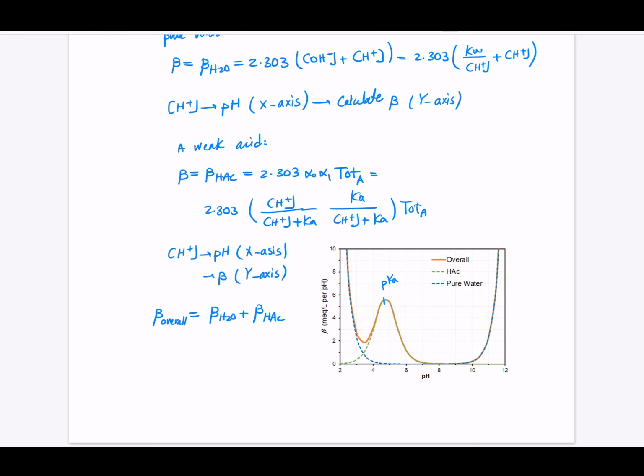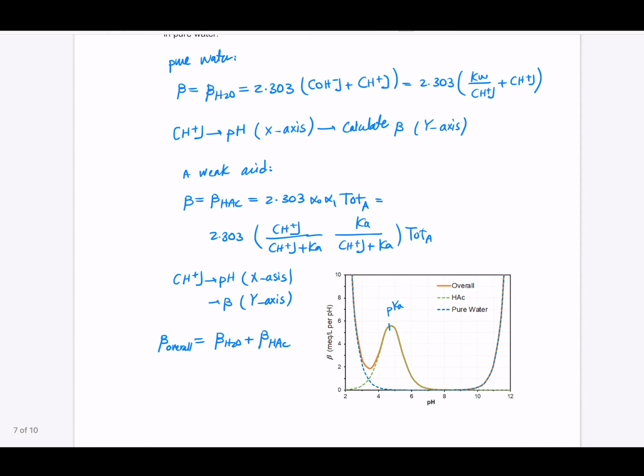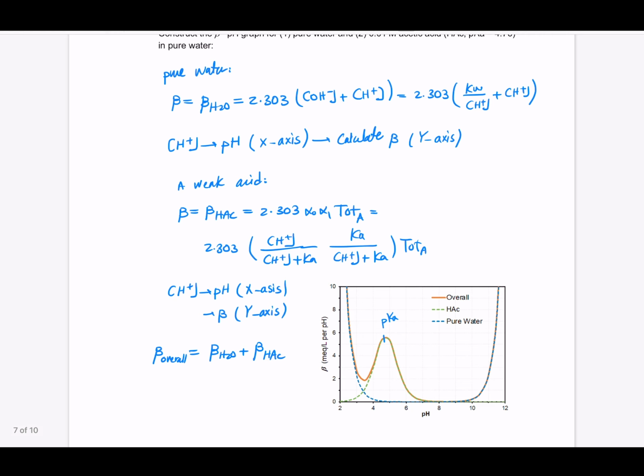So at this point, for example, the combination of these two would be very similar to the blue one, or at this point, the combination would be this point. So we get beta overall, this one, we get beta of the acid, and then we get beta of water.